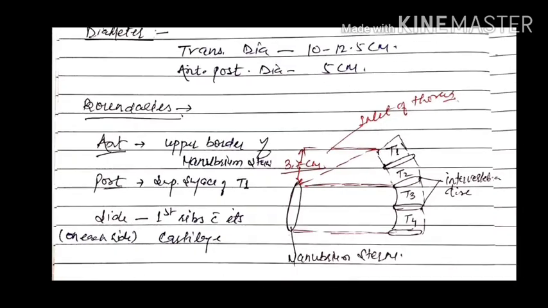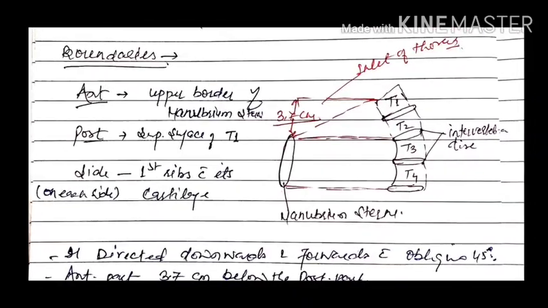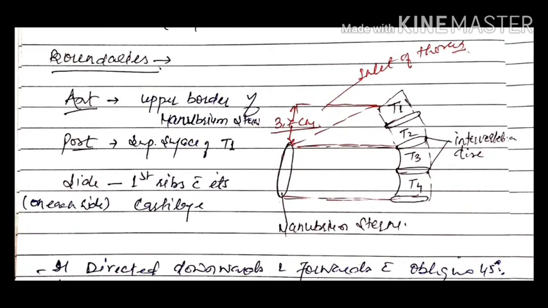What is the boundary? You will see the structure of the inlet of the thorax. This is the manubrium sterni, and this is its superior border. The boundaries are the upper border of the manubrium sterni, the posterior superior surface of the T1 vertebra, and on each side the first rib and its cartilage.